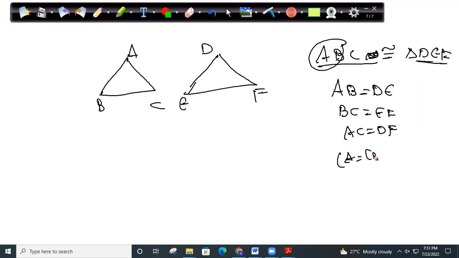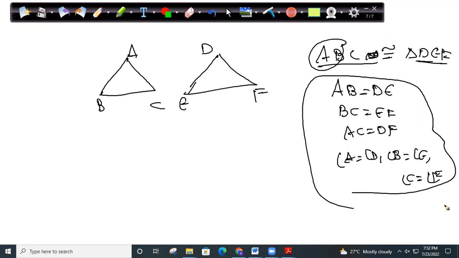Angle A is equal to angle D. Angle B is equal to angle E. Angle C is equal to angle F. Corresponding angles are equal. Corresponding sides are also the same, when the two triangles are congruent, meaning when they have same shape and same size. Understood? Perfect.